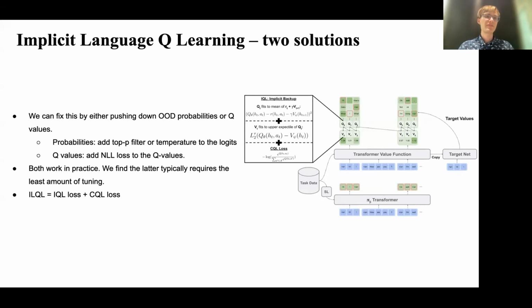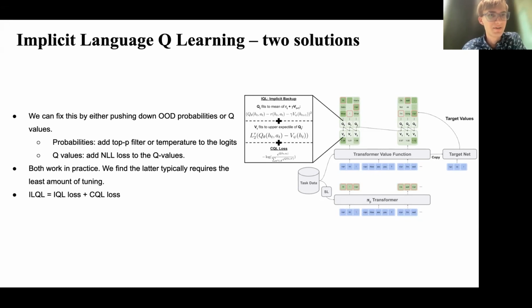And we find that both of these approaches kind of work in practice. Actually, adding a negative log likelihood term to the loss is generally more reliable, because if you try to tune the probabilities, you might be doing more inference time tuning. Whereas with this negative log likelihood term, you actually don't need to spend much time tuning the weight on it. In our case, we're just using this term to push down the tail of out of distribution actions.